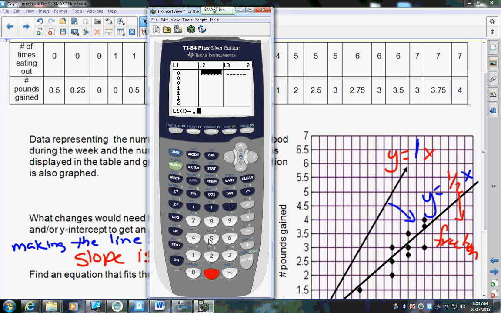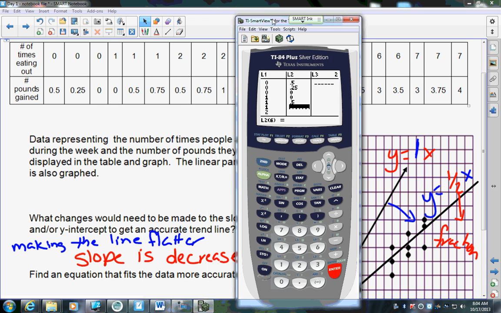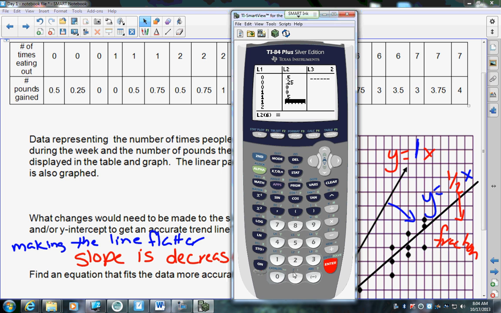Now I'm going to arrow over and go to the number of pounds. All right, 0.5, 0.25, 0, 0, 0.5. Move mine over a little bit. 0.75, 0.5. Let's see, 0.75. Kind of hard not to lose track here.